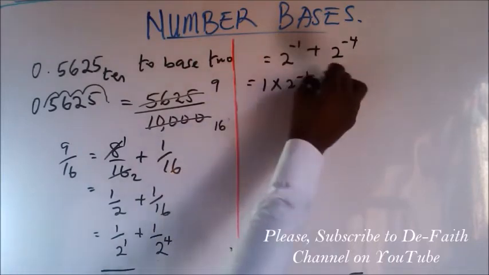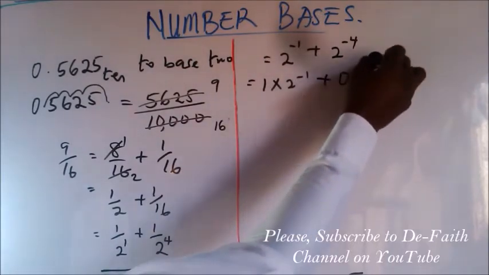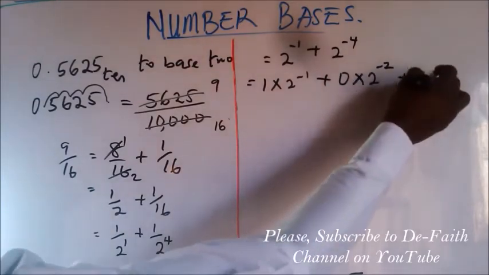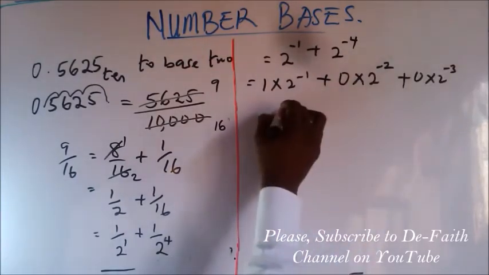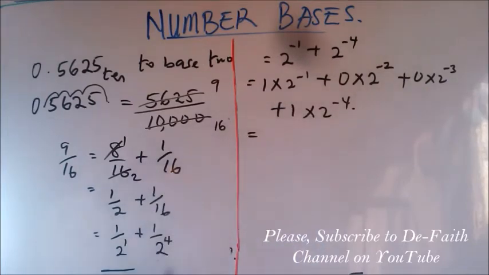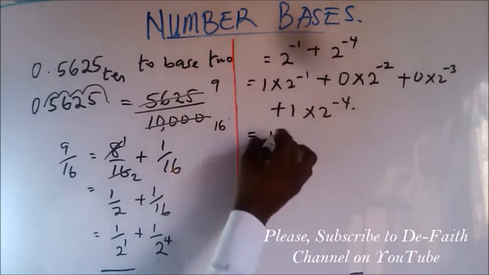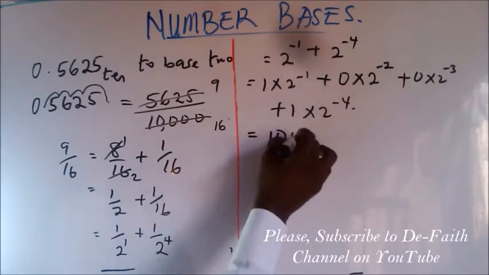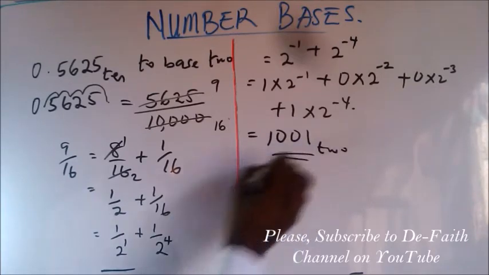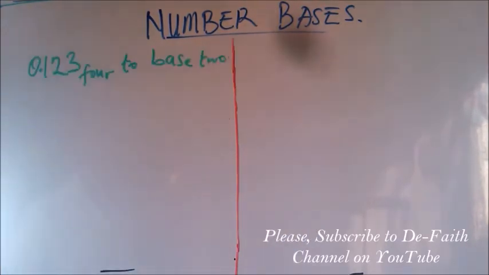And that means that it must have been 0 multiplied by the missing powers. Then plus 0 times 2 raised power minus 3. Then plus 1 times 2 raised power minus 4. So the number in base 2 will be 1, 0, 0, and 1 in base 2. That is the answer.